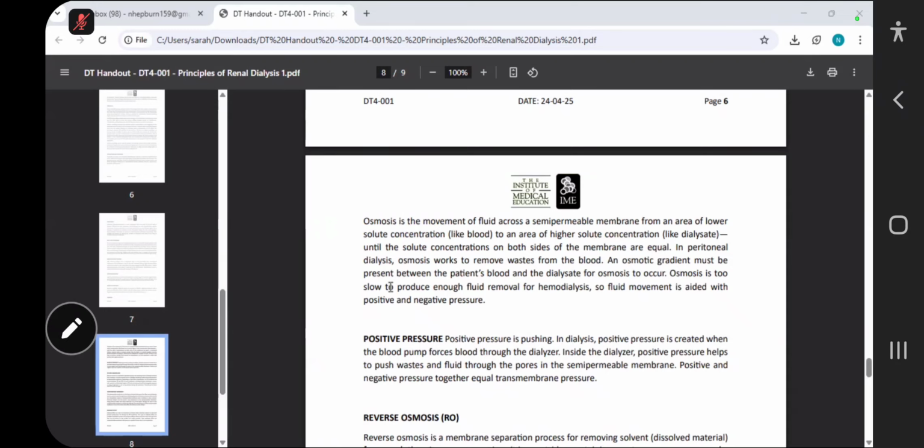Nice. Everybody understand what osmosis is? You all know the difference between low concentration and high concentration.